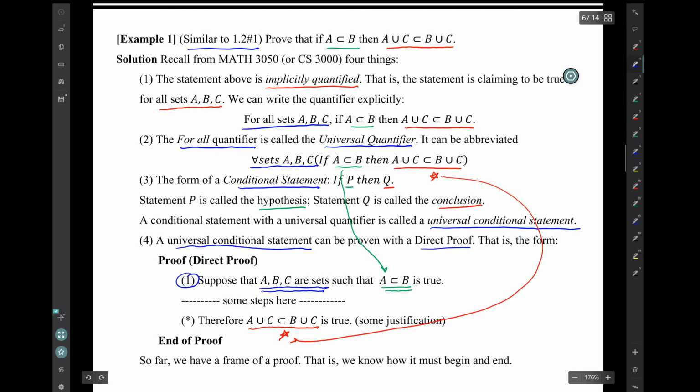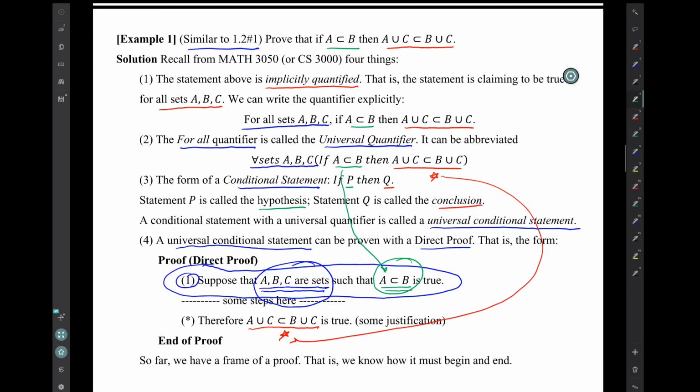So line 1 of a direct proof contains an introduction of elements as described by the universal quantifier and satisfying the hypothesis. That's all that goes in step 1, but all that stuff needs to go in step 1. And the very last statement of the proof has the form, therefore, the conclusion is true.